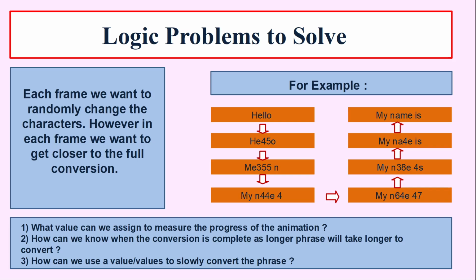And how can we use a value or values to slowly convert the phrase? We don't want it to convert straight away, we want it to convert slowly over time. So maybe the second frame will only be converting a little, but on the second to last frame we want the majority of it to be converted.